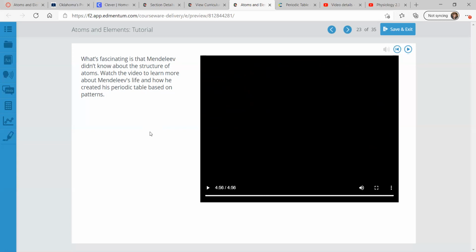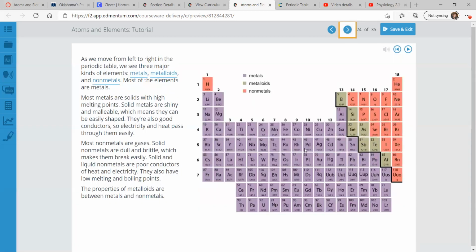So despite having gaps in his findings, he didn't think to trash the whole thing altogether. He was able to predict that there were elements that were undiscovered and that would fit into his organized table. So very cool.